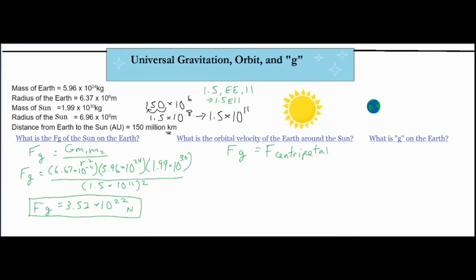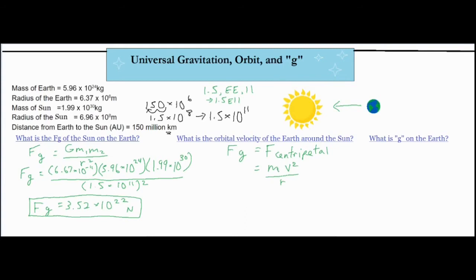Okay, so for the Earth, it has the force of gravity pointed towards the sun, and then as it revolves around the sun, that force of gravity acts as that center-seeking, that centripetal force that makes it move around in a circle. So the Fg equals the centripetal force, and the centripetal force is often written as mv squared over r.